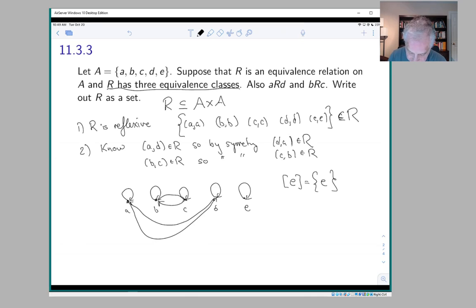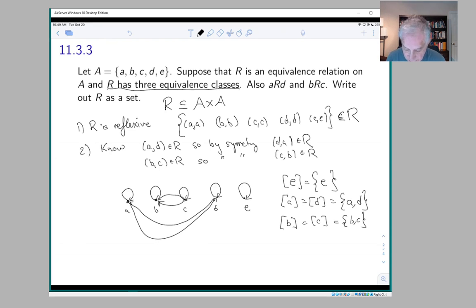And similarly, the equivalence class of A is the same as the equivalence class of D, and both of those consist of A and D, because A is equivalent to D and D is equivalent to A. And similarly, the equivalence class of B is equal to the equivalence class of C, which is B and C. So we actually have 3 equivalence classes at this point, namely the class of E, the class of A and D, and the class of B and C. And so we've satisfied all the conditions.